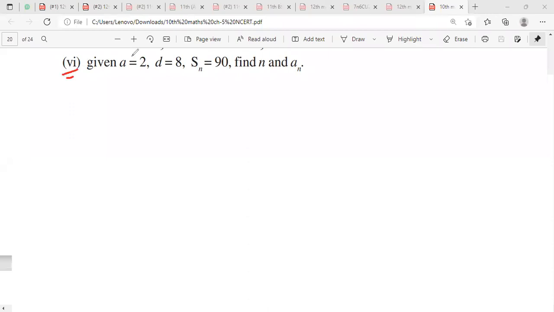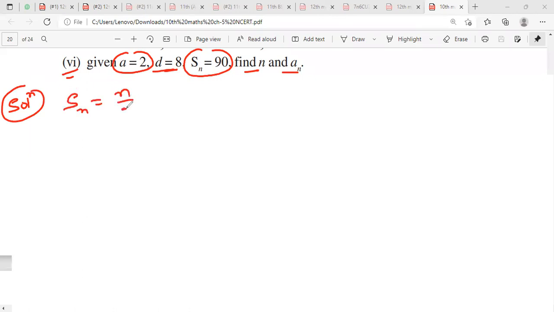Now part 6. A is equal to 2, D is equal to 8, Sn is equal to 90. We have to find the value of n and An. First of all, again, we know that Sn is equal to n by 2 within bracket 2A plus (n minus 1) into D. Now here Sn is equal to 90, so in place of Sn, we will write 90.